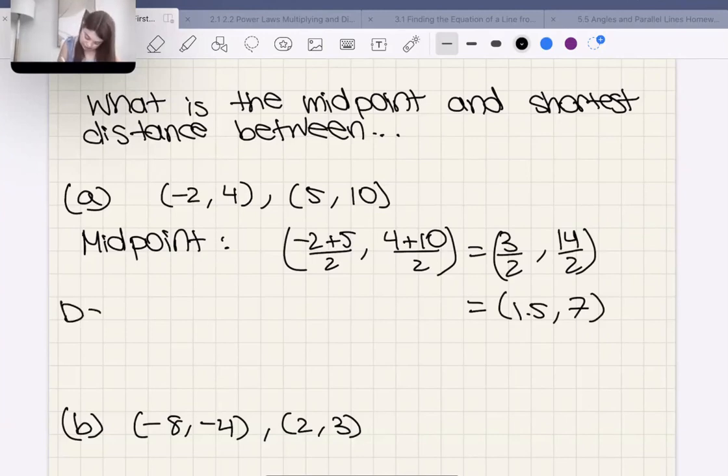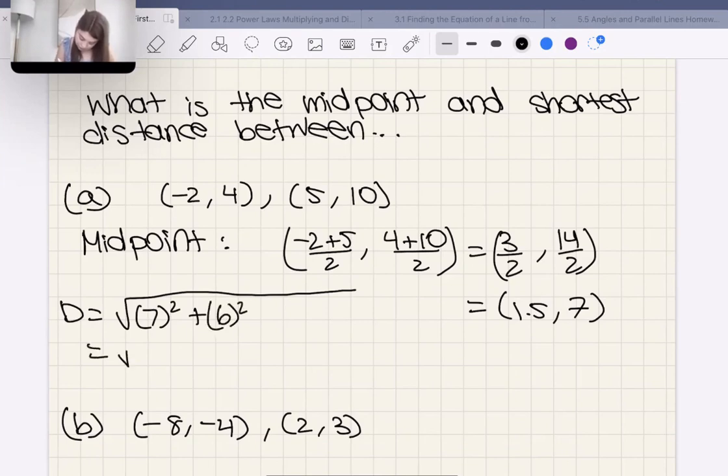Now, how about our distance? Our distance is going to be the change in x, right? It's going to be x2 minus x1, so 7 squared, plus 10 minus 4 squared, which is 6 squared, which is going to be root of 49 plus 36.